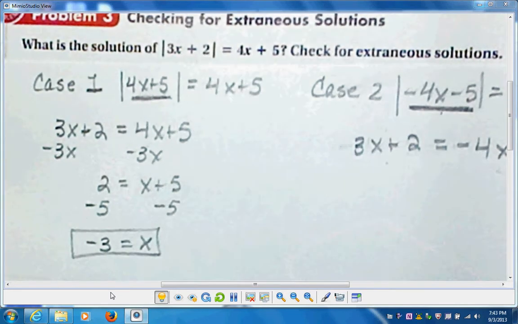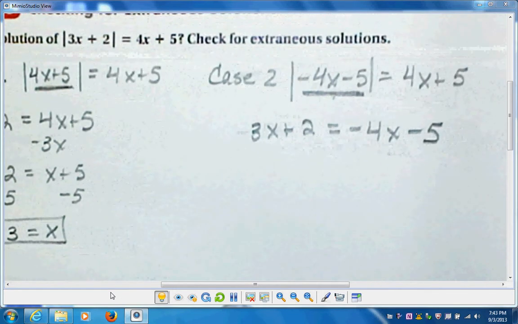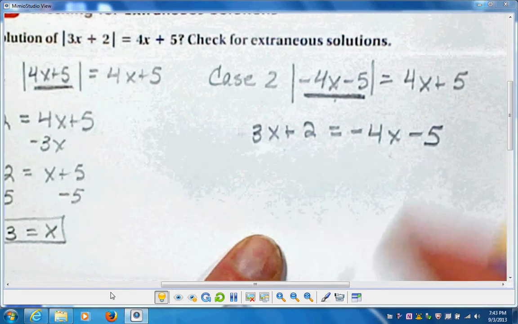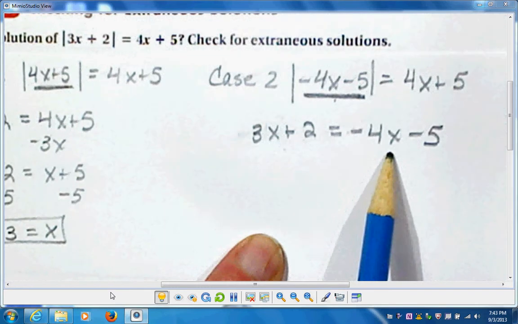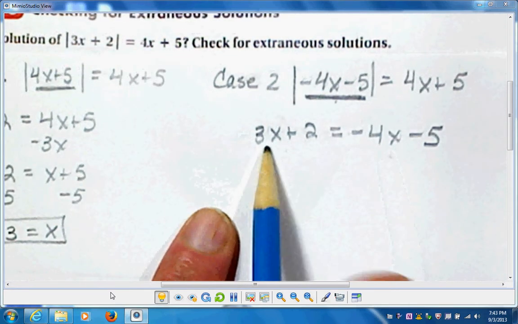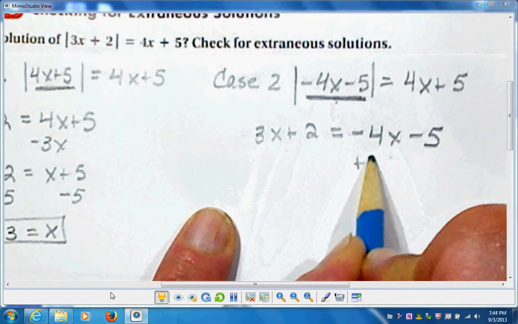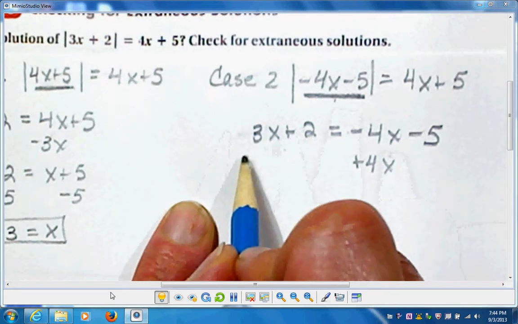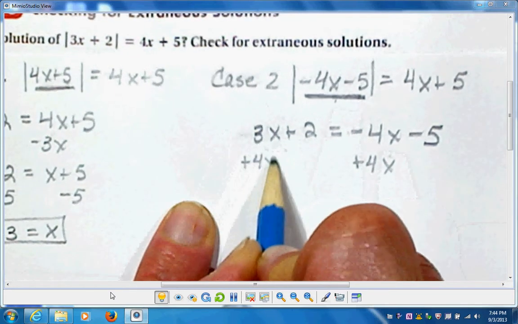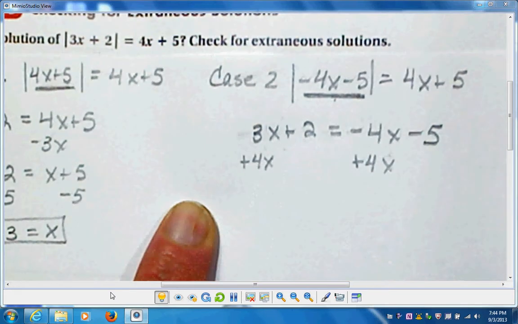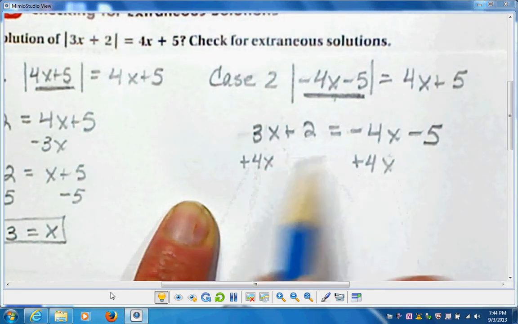Okay? So let's look over on this side. Oh, look, this is negative 4x. I don't like negative numbers. I'd rather have a positive number. So I know when I add this, I'm going to get a positive number. You don't have to do it that way. It just saves you from having to divide by negative or having to move numbers again.